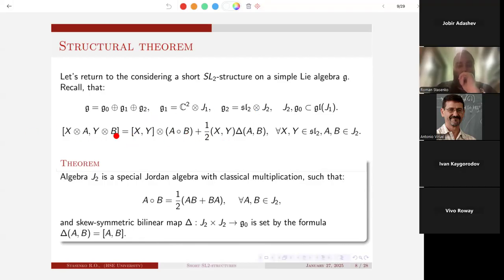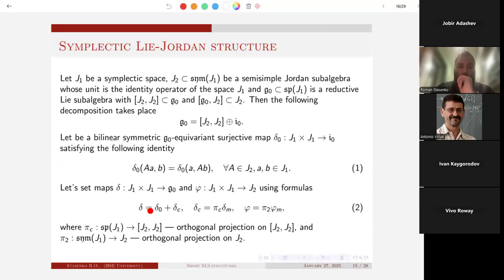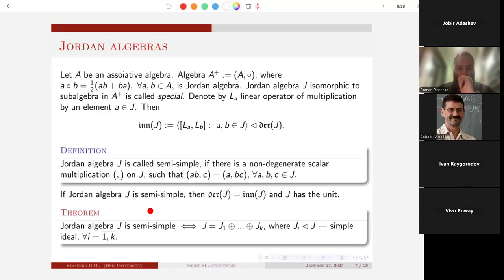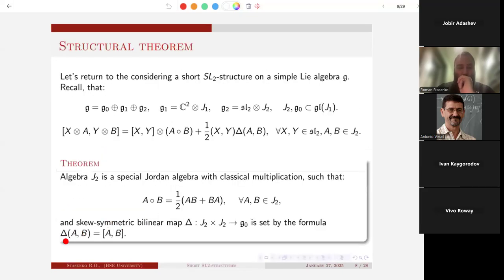Okay, if we look at this computational formula, we can see that the last summand was the bilinear map, delta, big delta, and so big delta, in our case of a simple Lie algebra, is... this operation delta is the commutation of A and B. As you can see before, we embed J2 into the space of linear operators on the space G1.